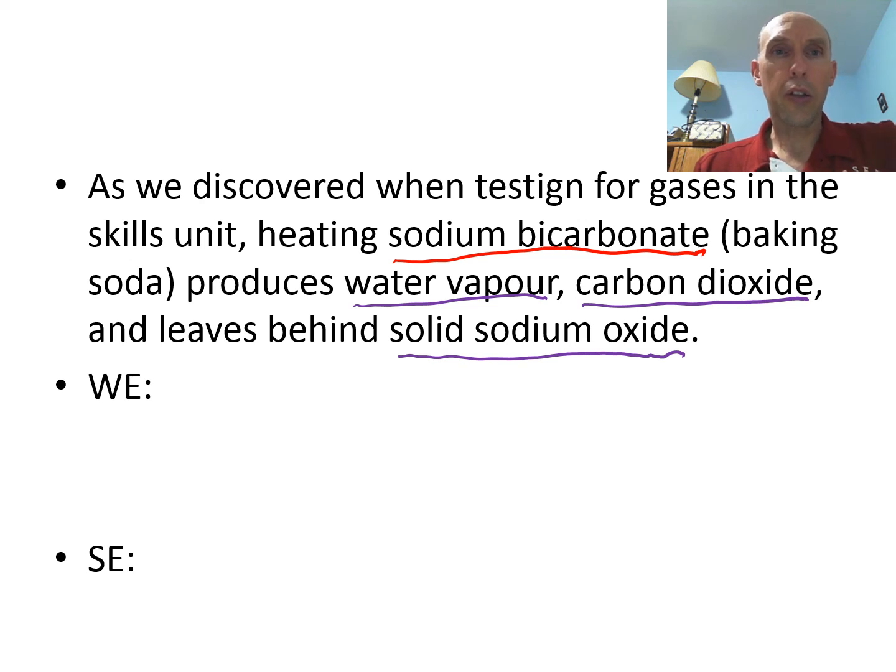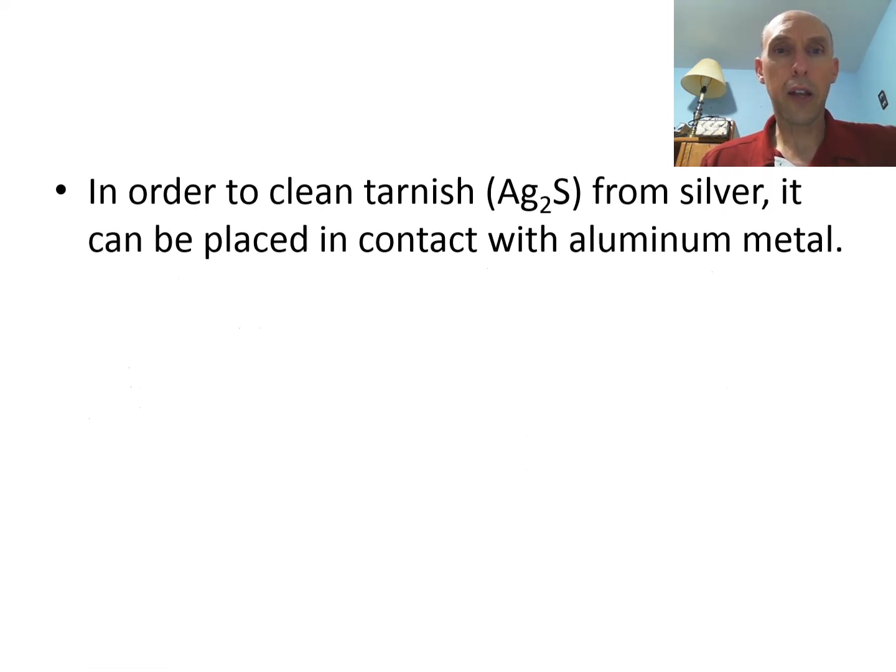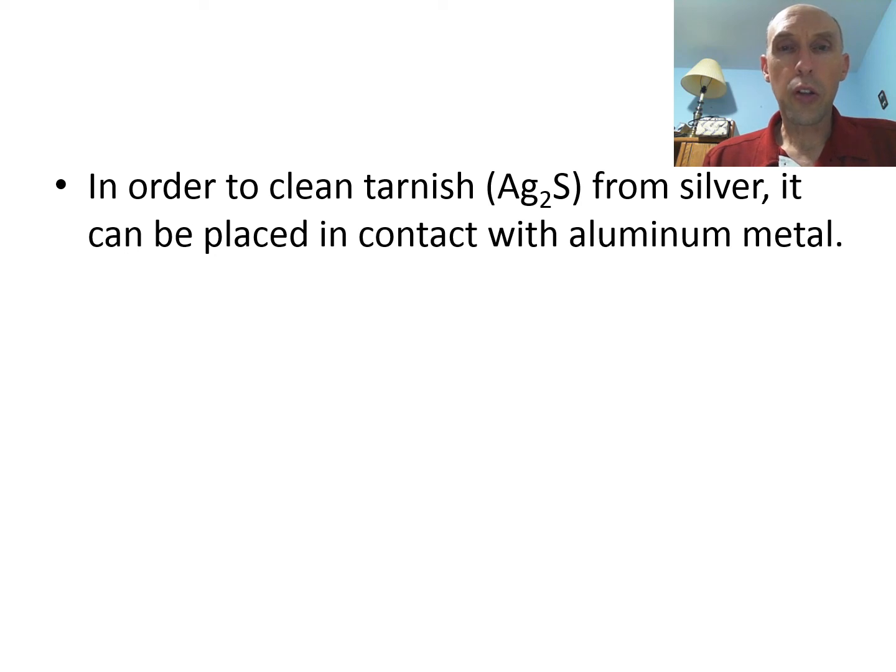And on to our last example. In order to clean tarnish, and tarnish on silverware has the symbol Ag2S, which is silver sulfide, from the silver, it can be placed in contact with aluminum metal. Now, this one's probably the toughest because it doesn't tell you one of the products. That's going to be the tricky part, because we can see that the silver is going to be a product from the silver sulfide, and we've got aluminum metal.